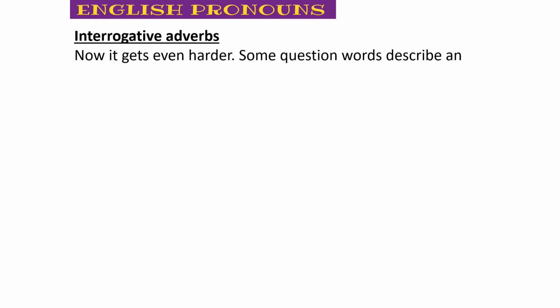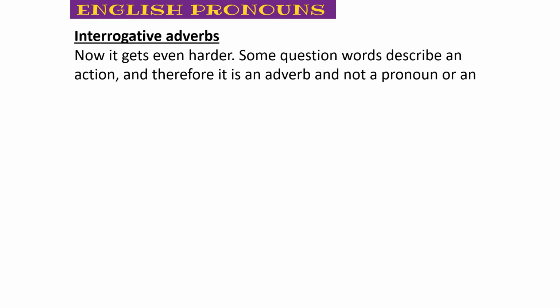That brings us to this one, interrogative adverbs. So we have more WH questions. If a WH word describes an action, then it becomes an adverb, because that's what an adverb does. It describes an action.